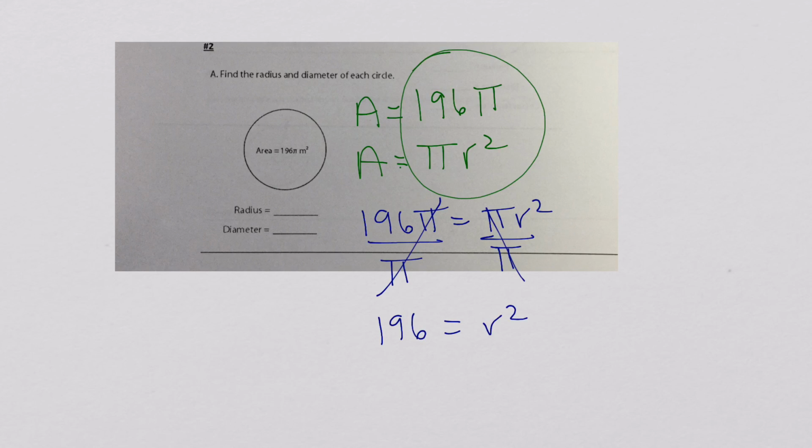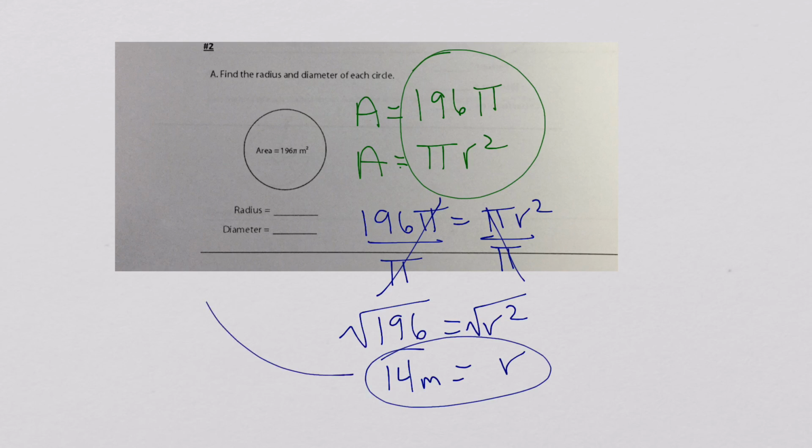Then we can square root both sides, and we're left with r equals square root of 196, which is 14. And that would be 14 meters. So we know what r is. Now, it's very easy to find the diameter because we're just doubling that. So we would have 14 and 28 meters.